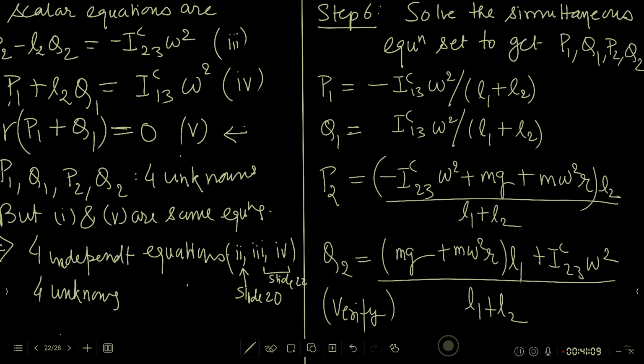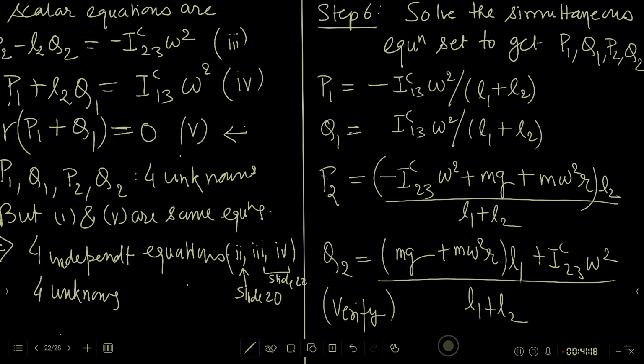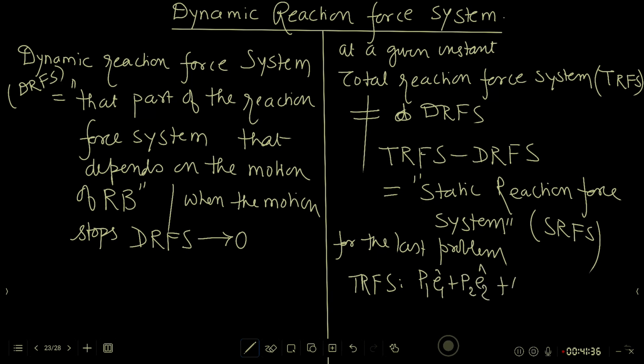So for this problem, which I solved, TRFS, the total reaction force system, is P1 E1, P2 E2, Q1 E1, Q2 E2. You can call this the TRFS.